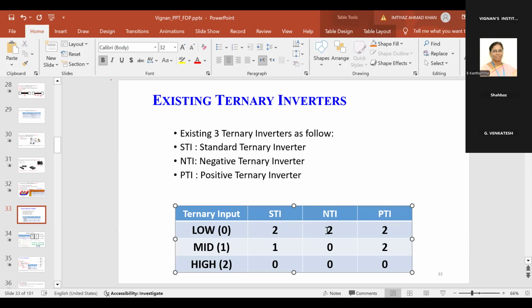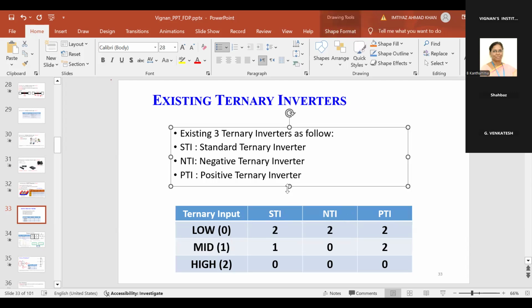For NTI, the negative ternary inverter, when input is zero, output is high, and PTI output is high. But for the mid value, logic 1 with voltage value 0.45, the standard ternary inverter, the normal inverter, gives 1 as it is, negative gives 0 and positive gives 2.